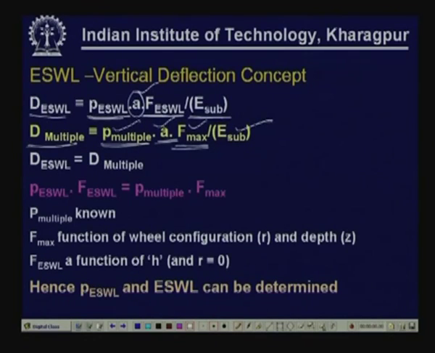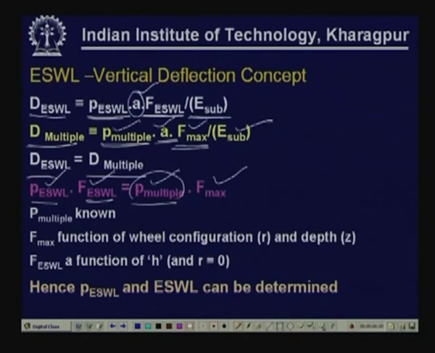So for the equivalence concept, this has to be equal to this. The deflection produced by the equivalent single wheel load has to be equal to the deflection produced by multiple wheel loads. That means the pressure for the equivalent single wheel load multiplied by the deflection factor for the equivalent single wheel load will be equal to the pressure corresponding to the multiple wheel load multiplied by the maximum deflection factor, which corresponds to the maximum deflection produced by the given load system.